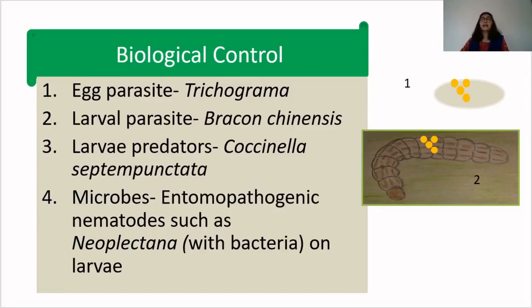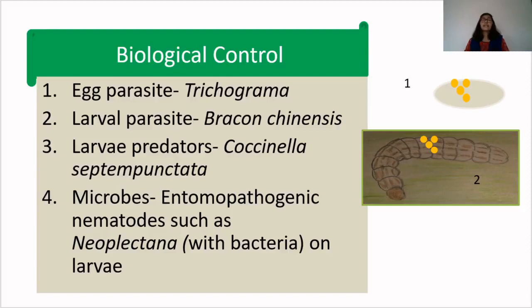Then second is the larval parasite. Bracon chinensis is one example. Here the larvae of Bracon chinensis feed on the larvae. So what happens is the female lays eggs on the larvae, and from the eggs the larvae that hatch out feed on the larvae of jawar stem borer and they control the larvae.